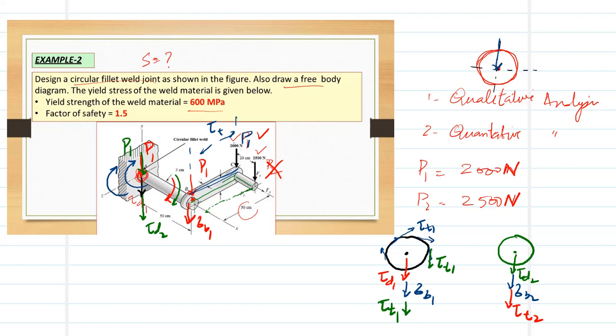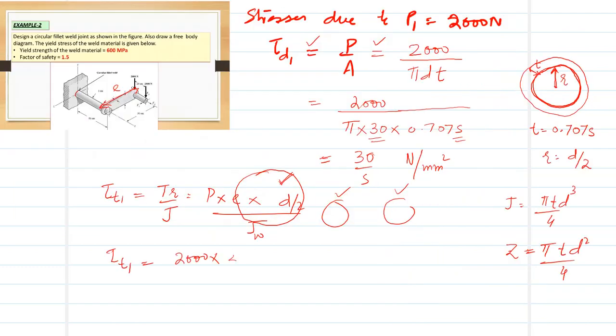From the center of this rod to the center of this rod is 50 centimeter. 50 centimeter means 500 mm, and D by 2, the diameter of the rod is 3 centimeter, which is 30 mm, over 2, and J is T. By the way, again you know that T is 0.707 S. So we just write pi into 0.707 S into what is D? This is the inner diameter of the weld, which is the outer diameter of the rod, and that is 30 millimeter cube over 4.